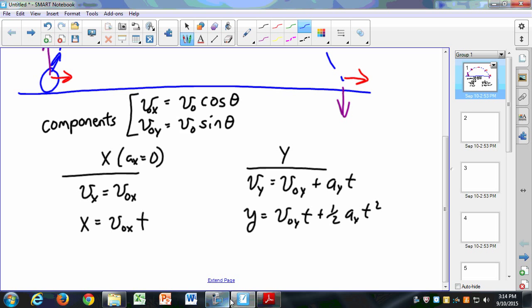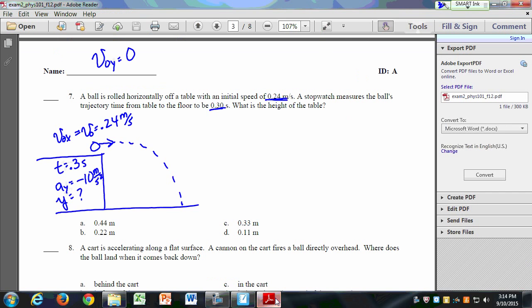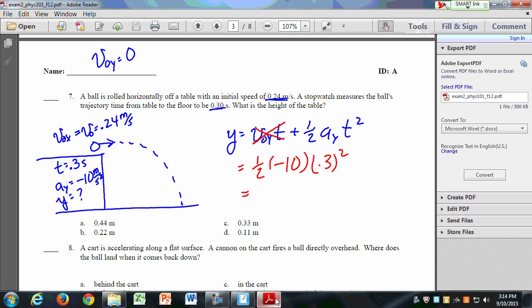I say y is equal to v naught y times t plus 1/2 ay t squared. Then I can cancel out some stuff, get rid of this, and just say y is equal to 1/2 of ay, which is negative 10, times t squared, which is 0.3 squared. And that'll be the answer.